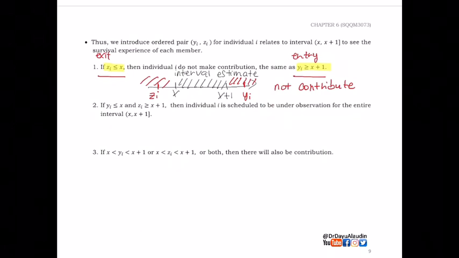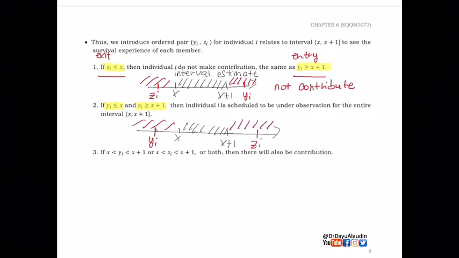Okay, we look at the second case. YI is less than X and ZI is greater than X plus 1. So we draw the timeline again. We have the interval estimate here, X to X plus 1. YI is less than X, somewhere here, and ZI is greater than X plus 1, so ZI becomes here.